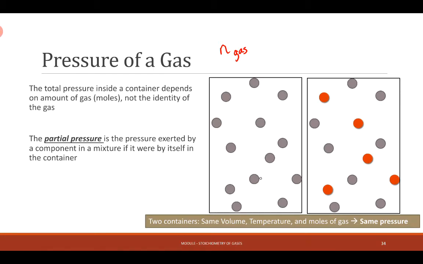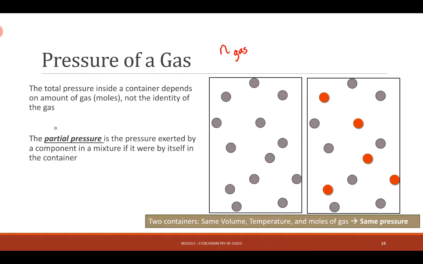Because at the same temperature and pressure, if these are two identical containers, if they have equal numbers of moles of gas inside, they're going to have the same pressure, even if one is a mixture of gases and the other one is just a pure substance.